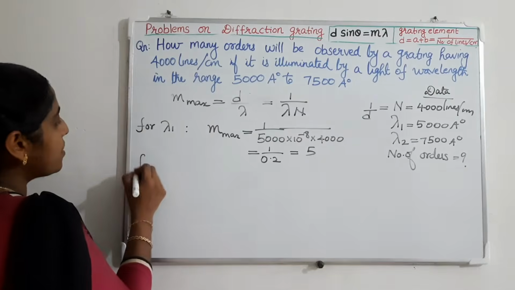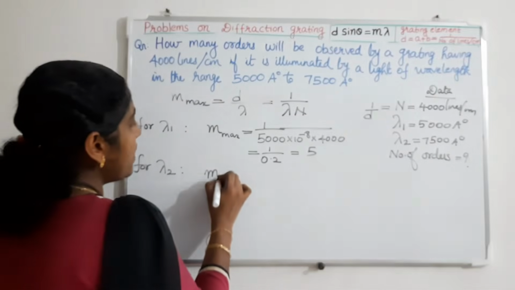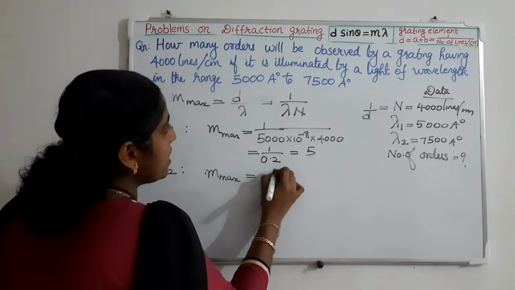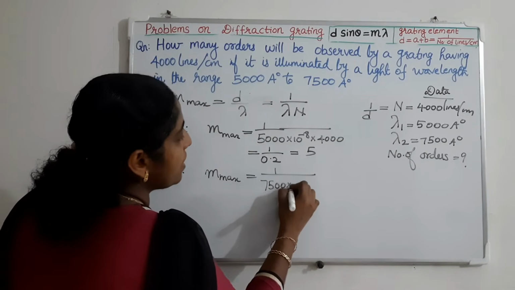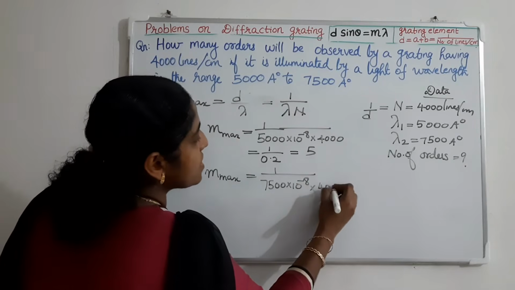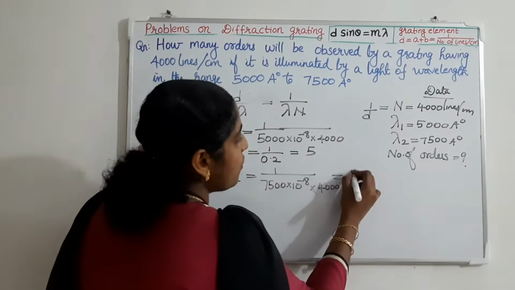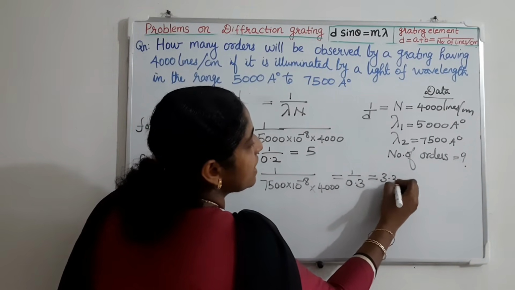Next we can find the maximum order for wavelength lambda 2. For lambda 2, the maximum order is 1 by lambda 2, that is 7500 into 10 raised to minus 8 into n, where n is 4000. On calculating we get 1 by 0.3, that is 3.333.